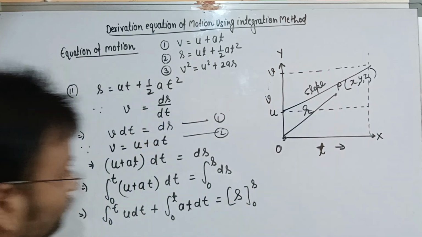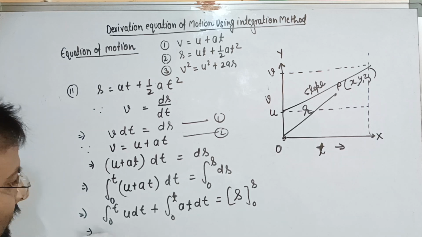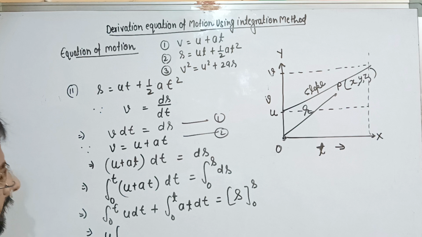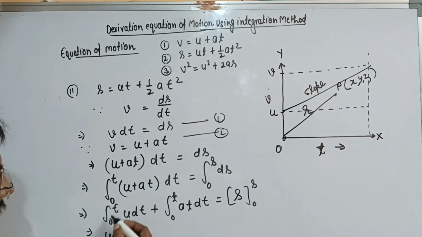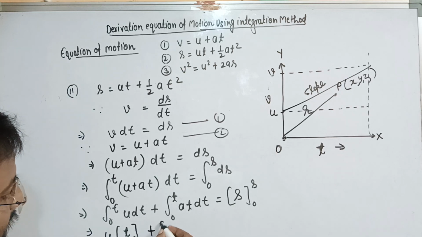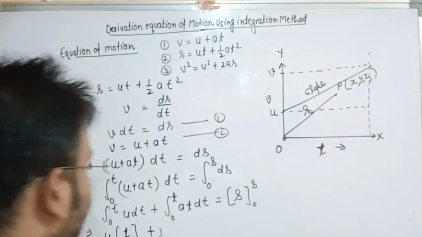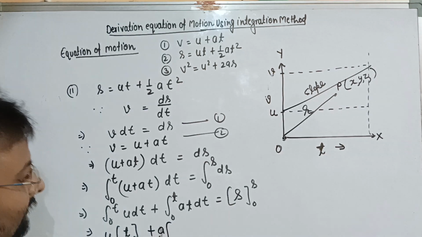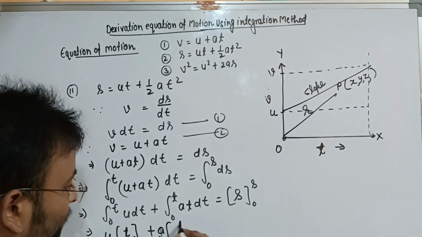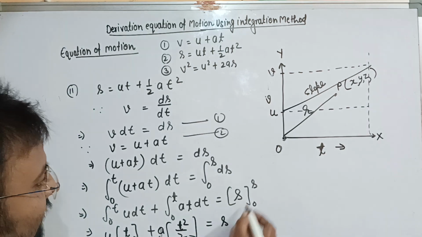Now solve. u is a constant, so the finite integration of dt from 0 to t gives t, plus a is a constant and the integration of t from 0 to t gives t square by 2, equal to s after applying the upper limit.